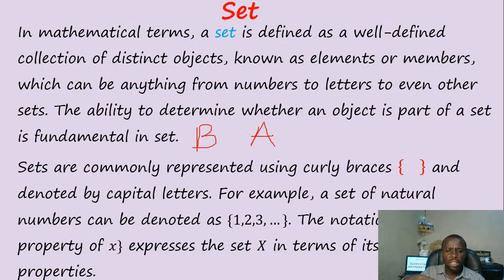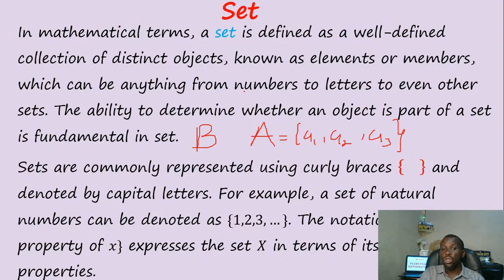And its elements would be in small letters. If you have A, you can have some elements in A like a1, a2, a3, and so on. So you can see that we use a small letter for the element, then the capital letter for the set itself. And there must be a curly bracket there.